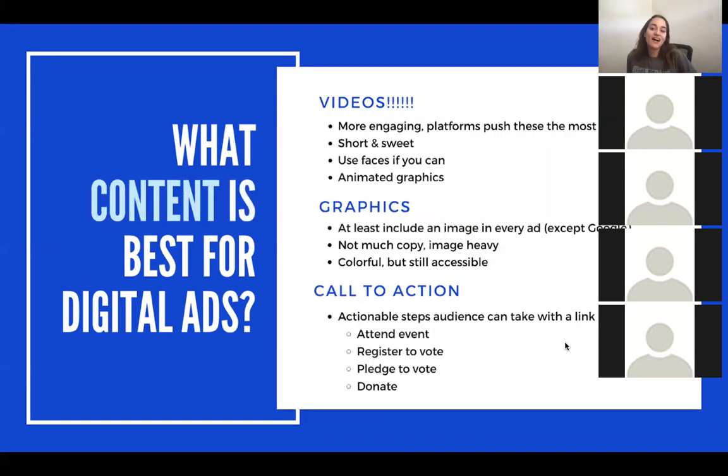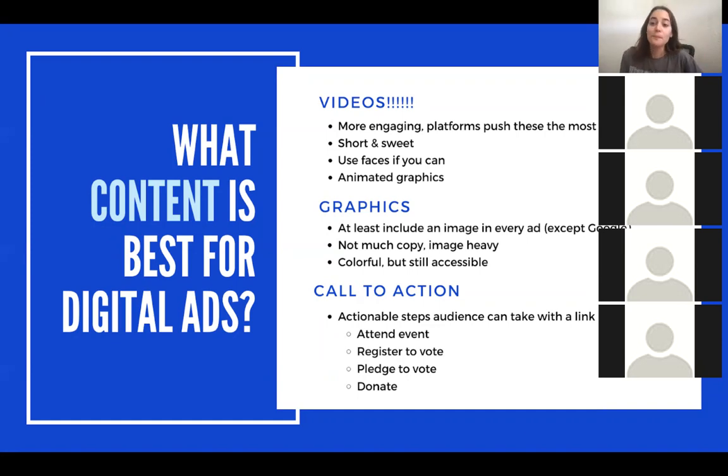And then content, as we know, videos are really taking the forefront across all different social media platforms, but definitely they're way more engaging for digital ads than graphics. Try to keep them short and sweet. Less than 30 seconds is best, but 10 to 15 seconds is the sweet spot if you're making a video.